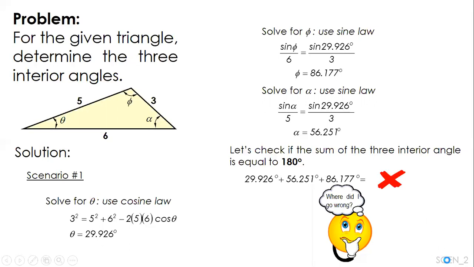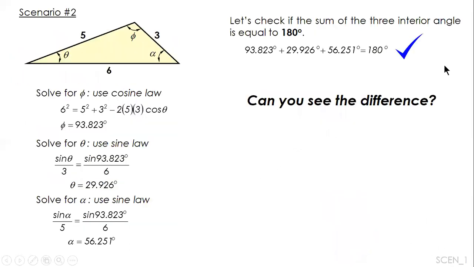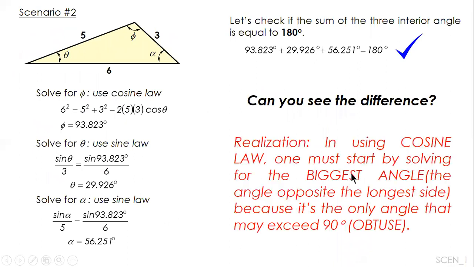Okay. Therefore, you'll be able to realize from the two scenarios that you have to remember this because this will be your guide every time you use cosine law. When you use cosine law, you should always start with the biggest angle. Start by solving the biggest angle. It is the angle opposite the longest side. Why?